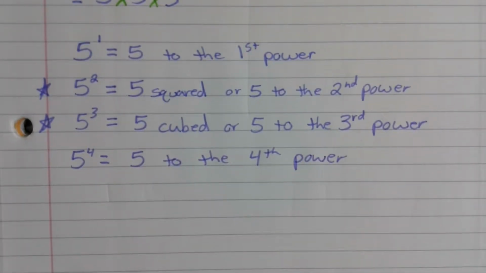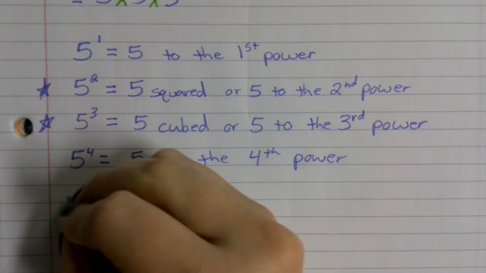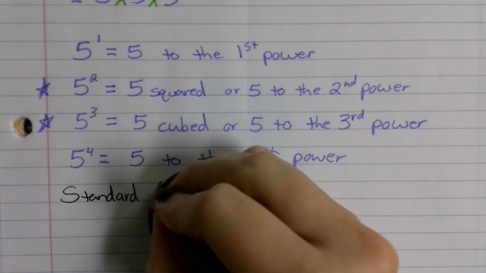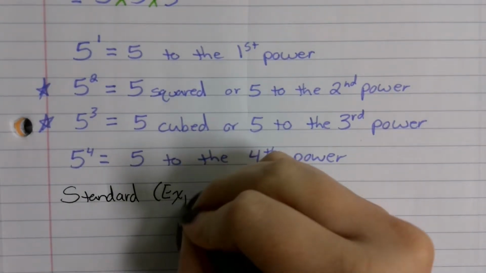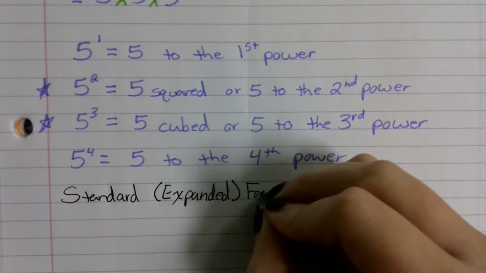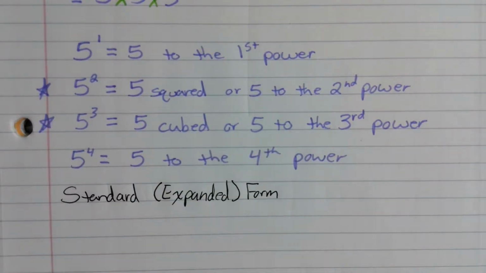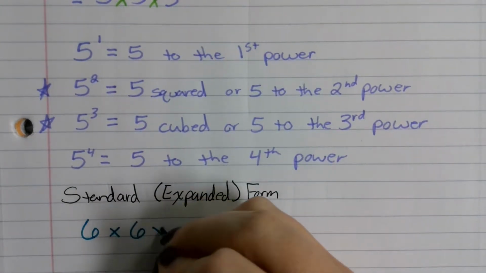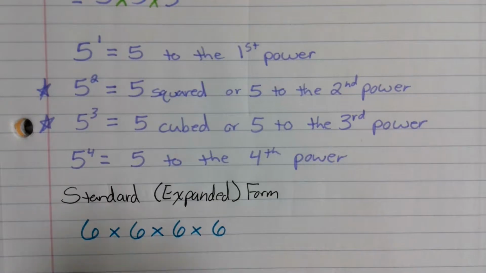Now you have different formats in which you can write. You've got a standard format, which is also known as expanded form. So if I say standard or expanded form, that means I'm writing it out as a longhand multiplication, like 6 times 6 times 6 times 6.